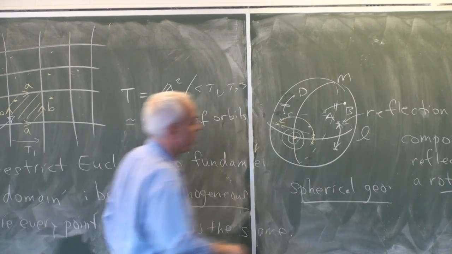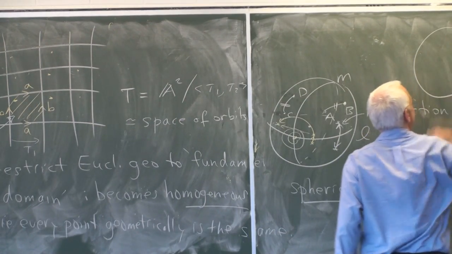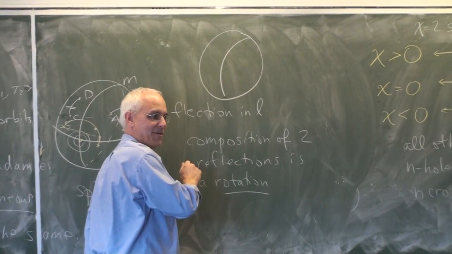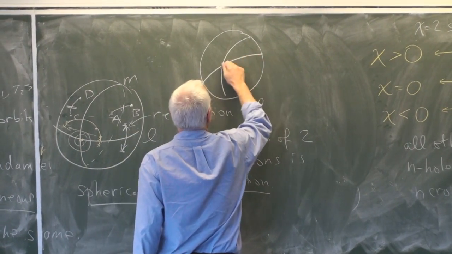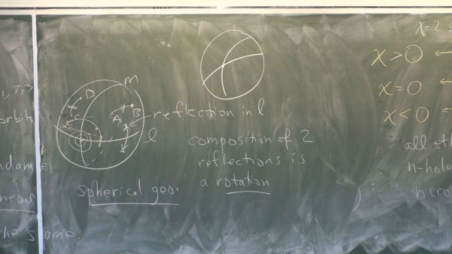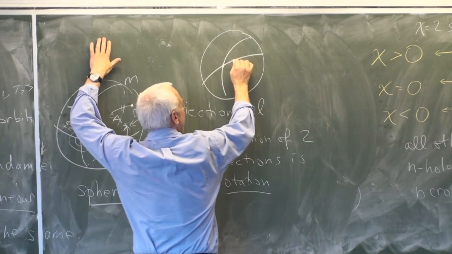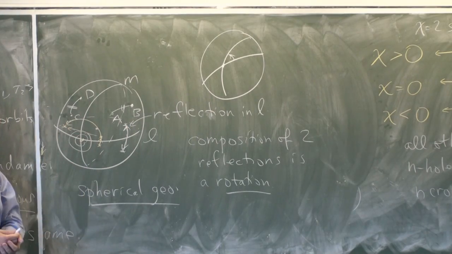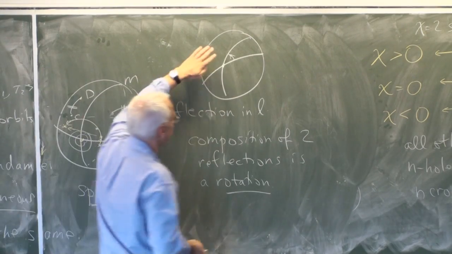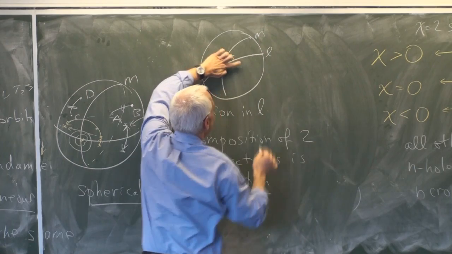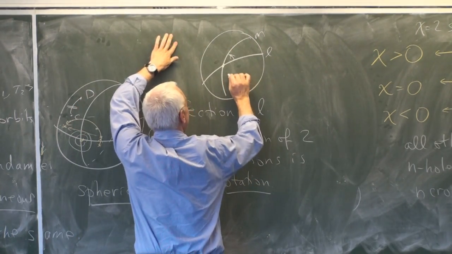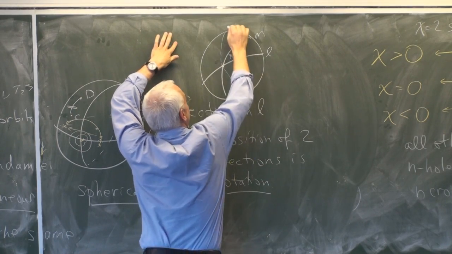And something else that we can do is we can measure angles, or maybe turn angles. So for example, suppose we have two great circles or lines meeting like that, and we want to know, how do we measure that angle between those two things? Well, what we can certainly do, if that's L and that's M, is reflect L in M, maybe to get L prime.